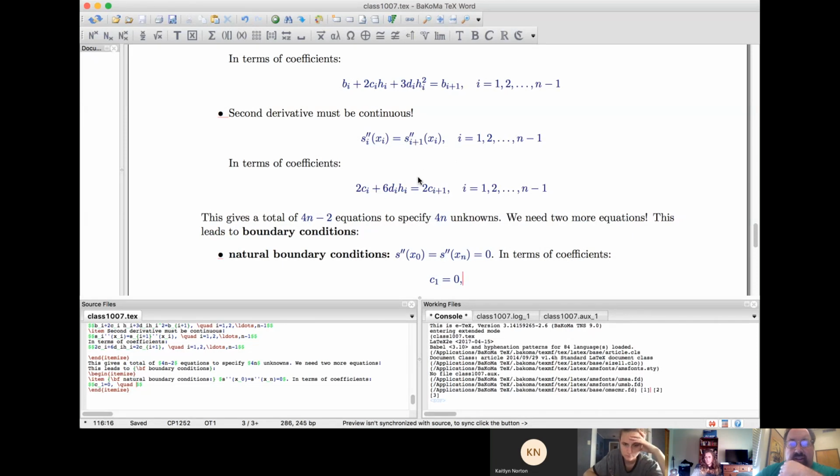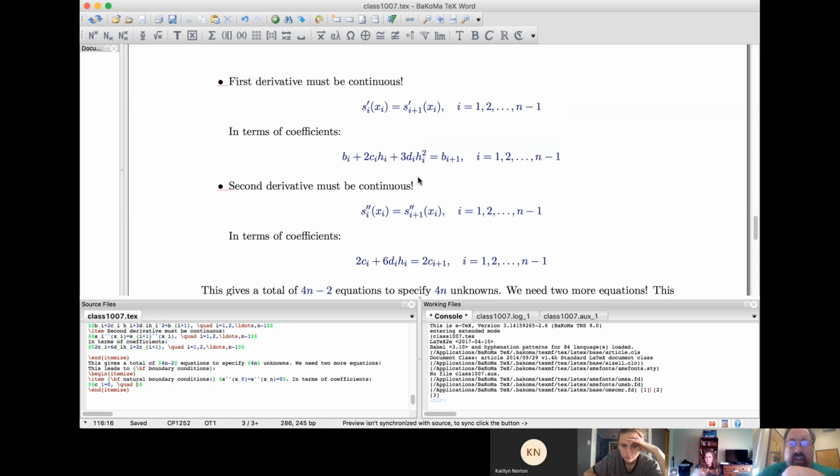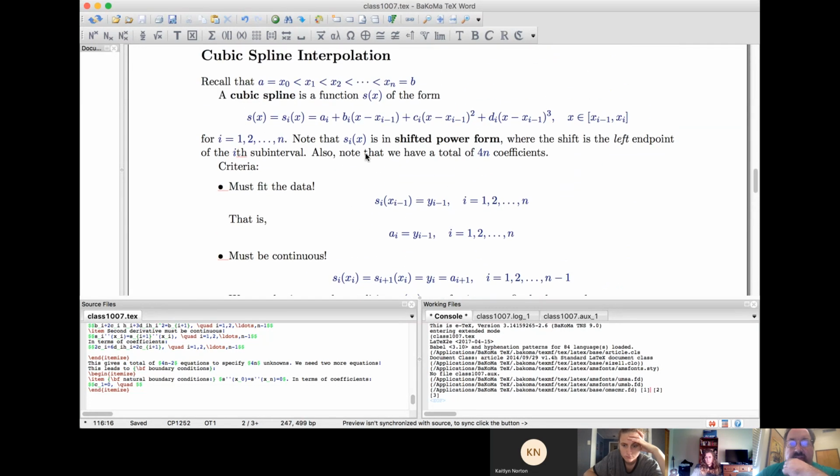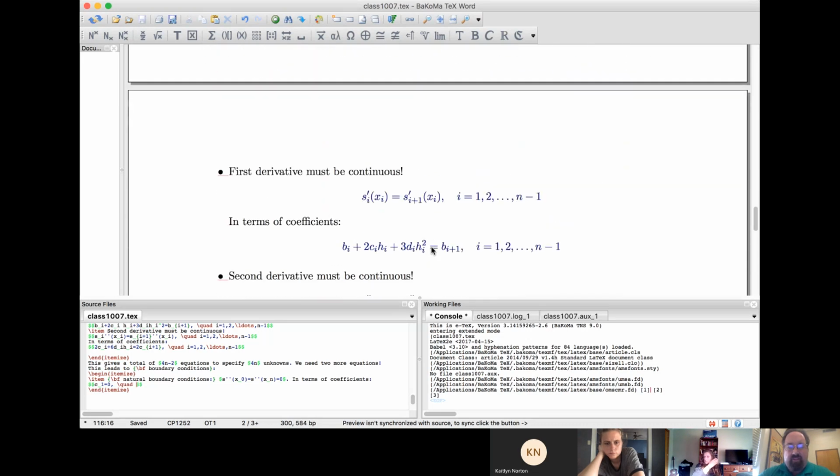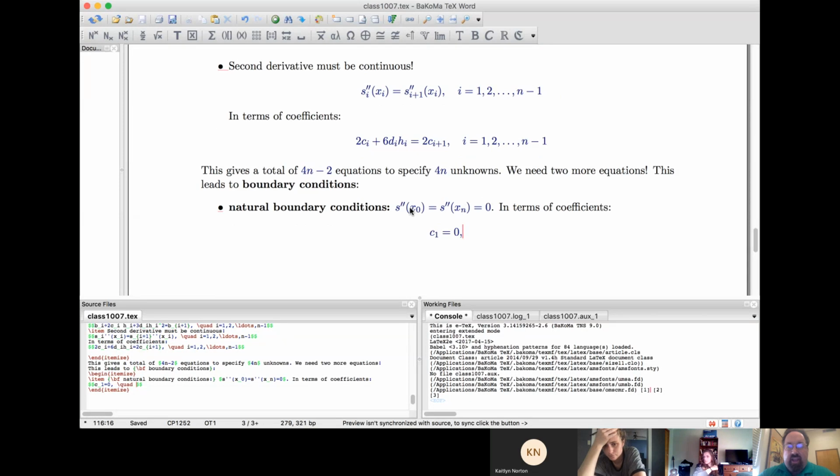Because if I look at the second derivative from up here, for the first piece, the second derivative would be 2c1 plus another term. And if I plug in x equal x naught, so I equals 1, then this term would become 0. The only thing I have left is c1. So really, the second derivative at x naught is equal to 2c1. Therefore, c1 has to be 0.